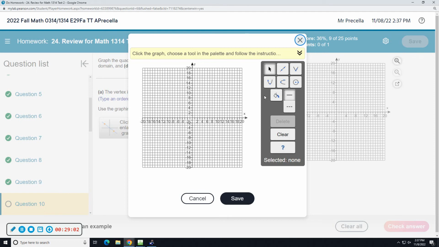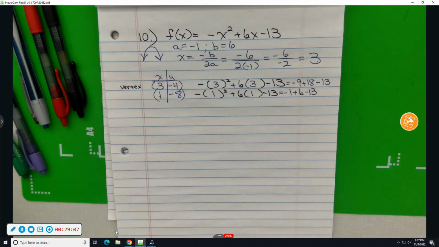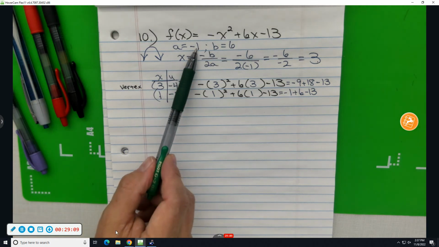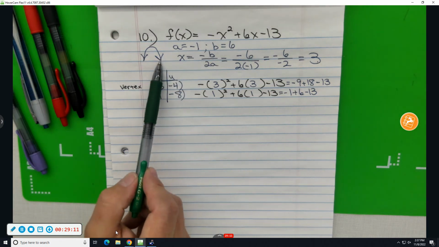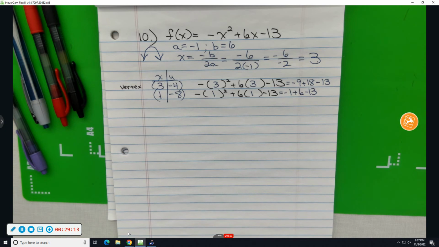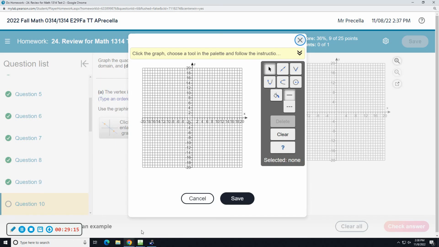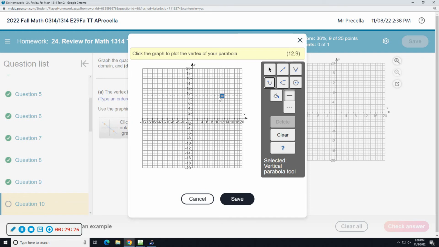Even though it's going to open downward, we said it's going to open downward because the a value is negative. We still use the vertical parabola tool. If we hover over this thing right there, it says vertical parabola tool. So we click that. We have a vertex at 3, -4. There's the vertex. I click it.